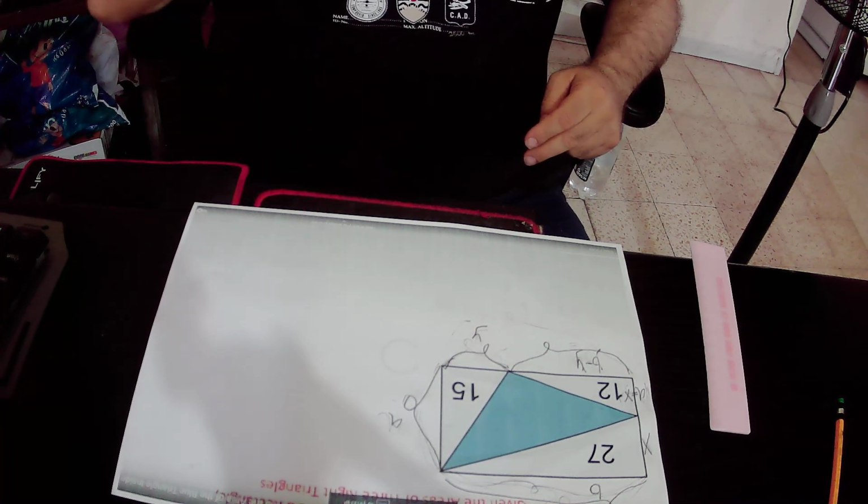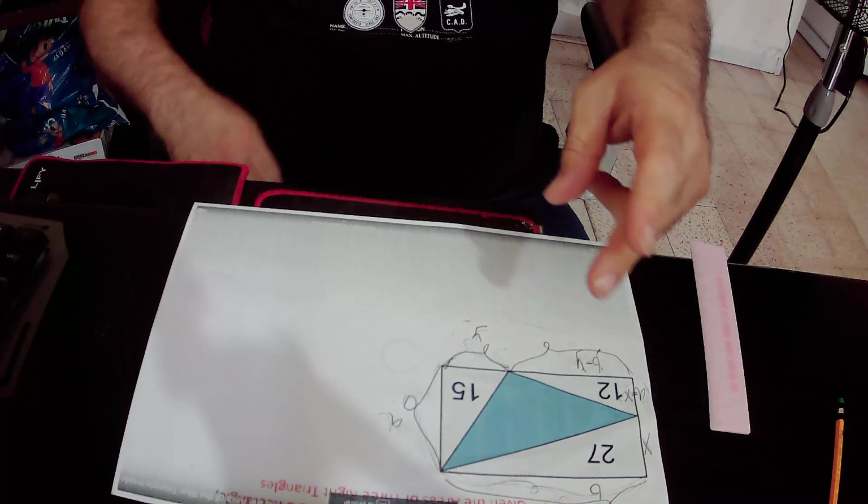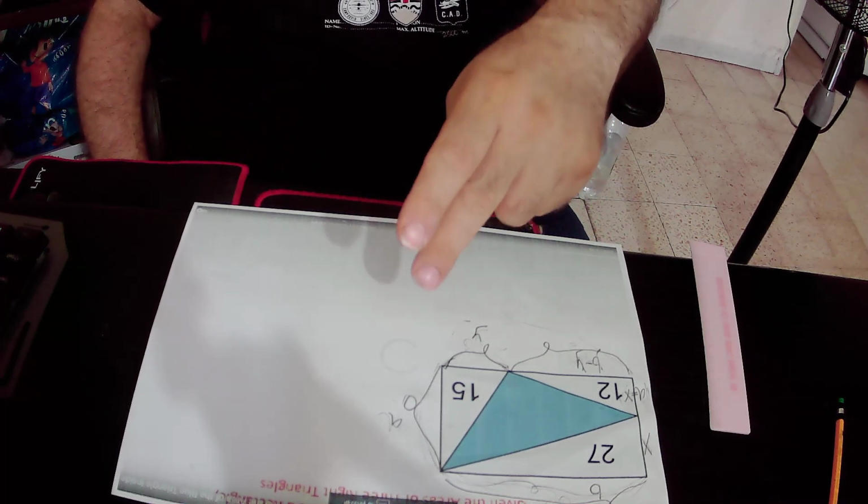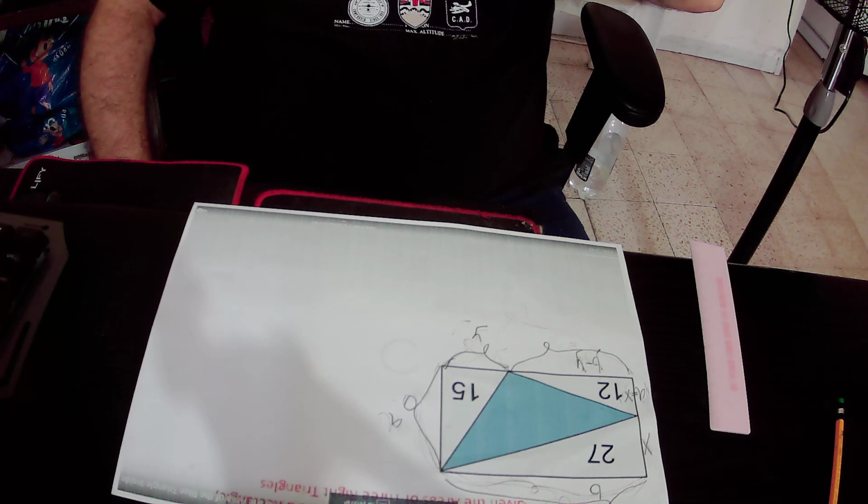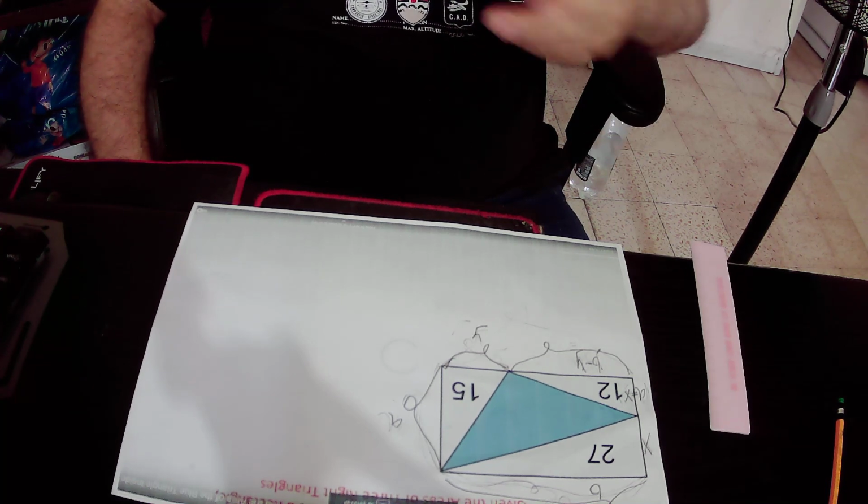So the area of the rectangle is the width of the rectangle times the length of the rectangle.